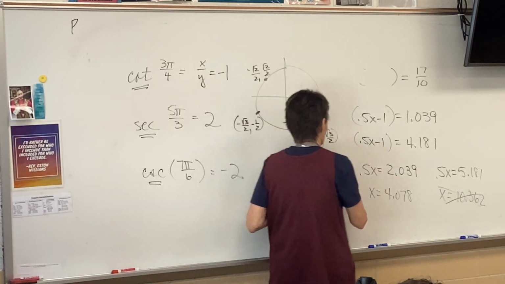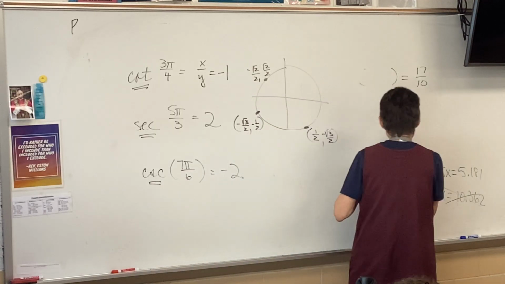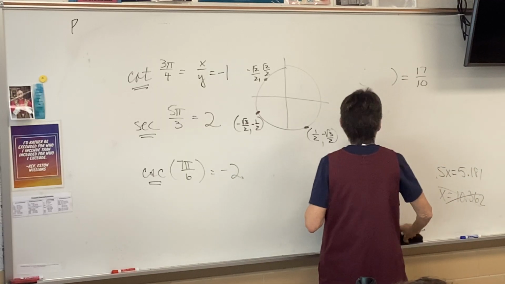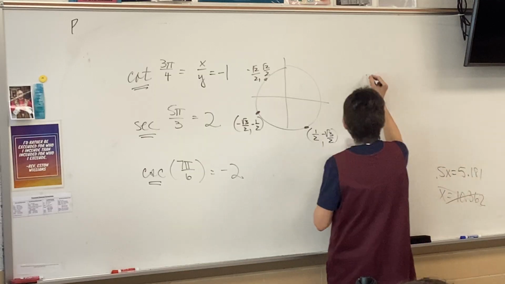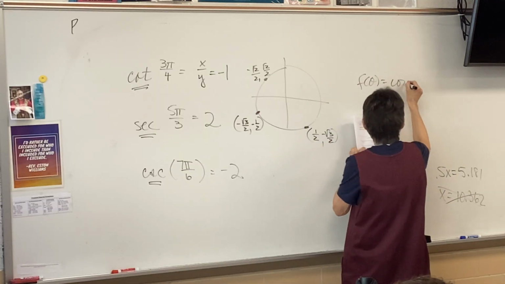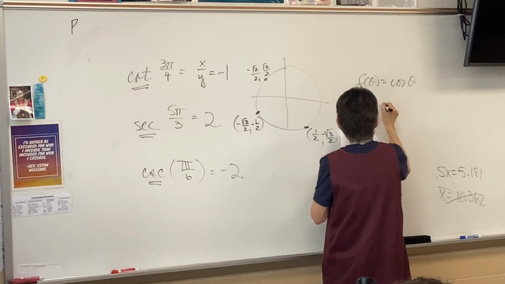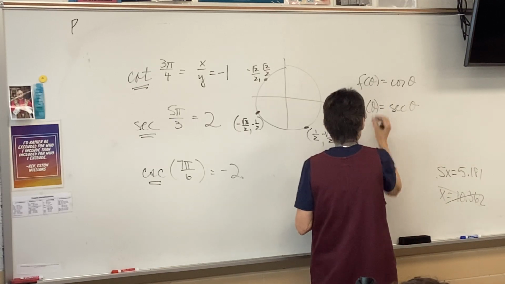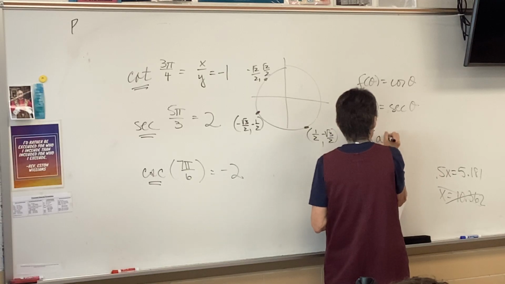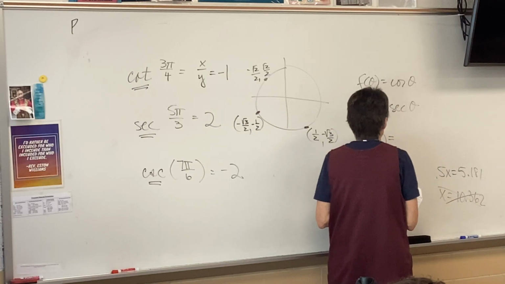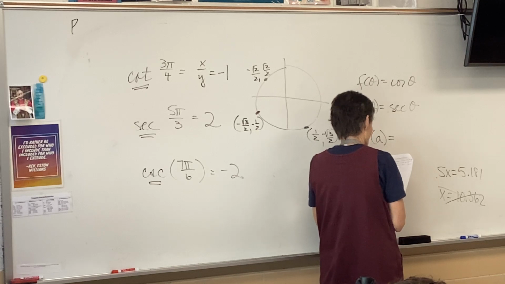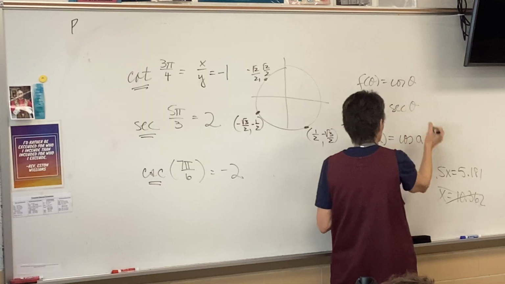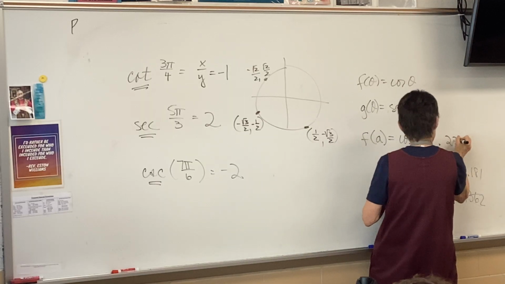Alright. Next, we got two functions, f and g. One of them is the cosine, and one of them is the secant. And we know that f of a, which is the cosine of a, is 0.235.